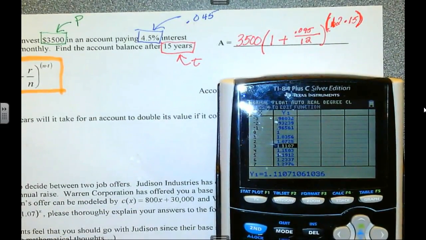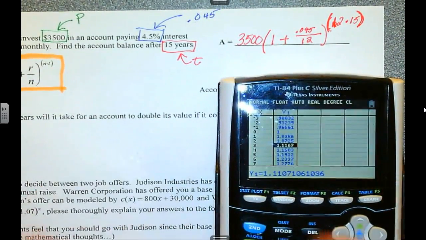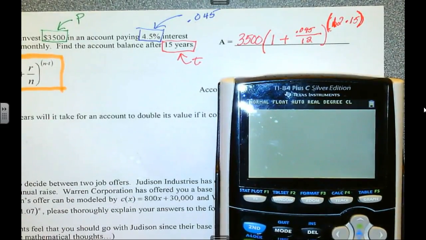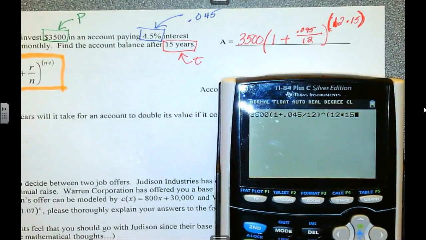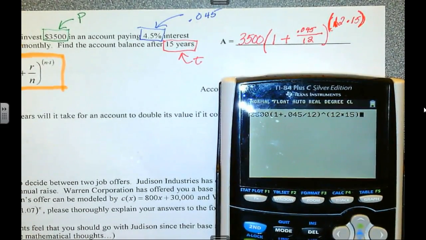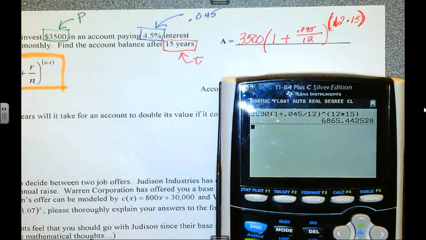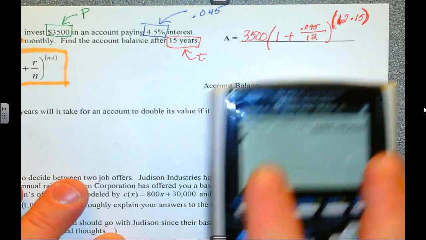So I have 3,500 parentheses 1 plus 0.045 divided by 12 parentheses raised to the parentheses 12 times 15. Enter. 6865.44.